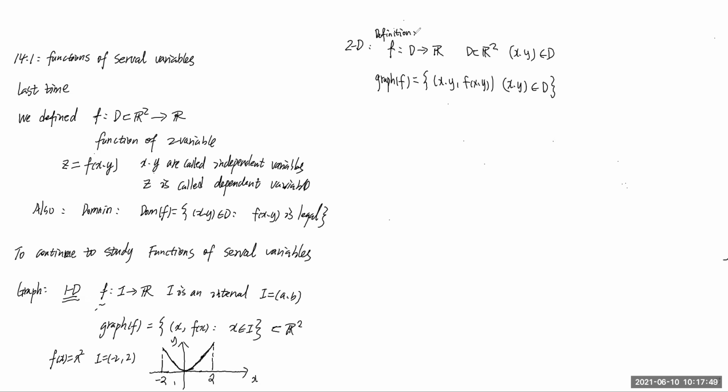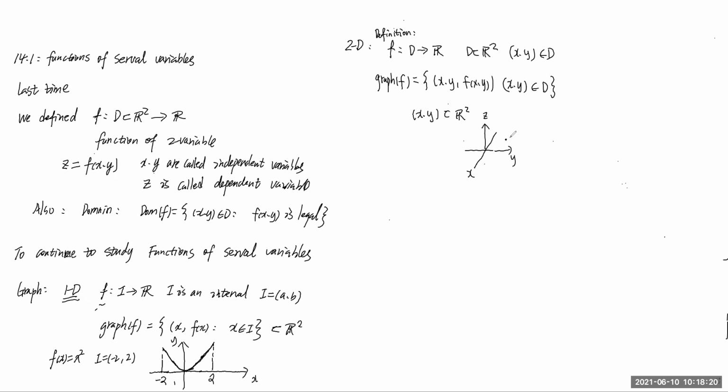And then how do we draw it? The problem is that I give you a function. Can you draw the graph of the function? That's kind of the problem. You can imagine you pick any (x, y) in R2, and then you put your R2 in the 3D coordinates.